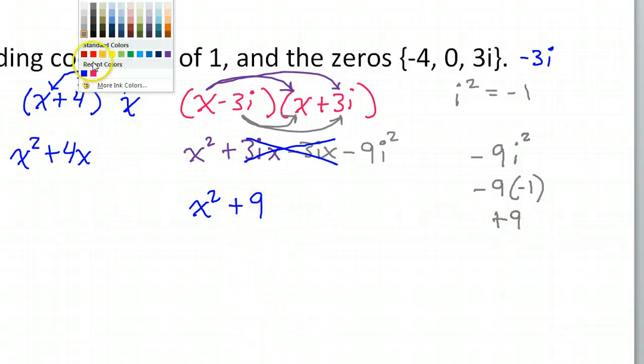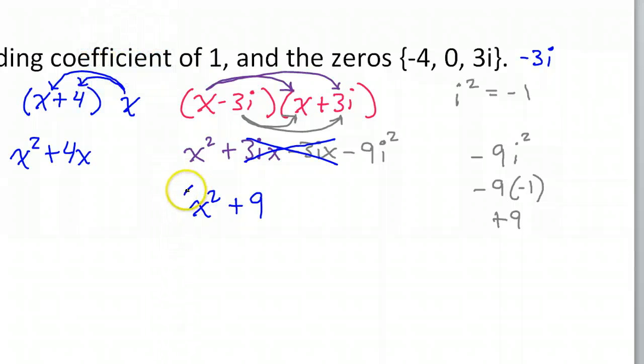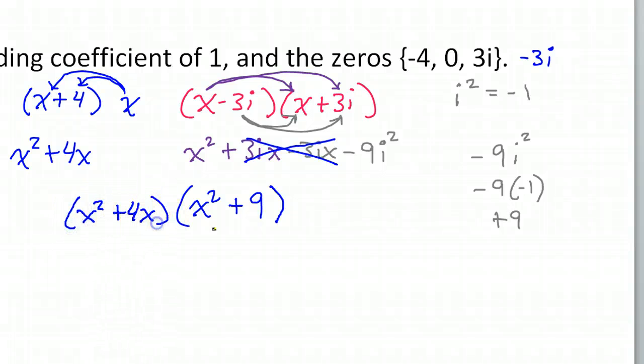So putting it all back together, I have x squared plus 9, and I have my x squared plus 4x. Now we have to multiply all this together. So let's do that again.